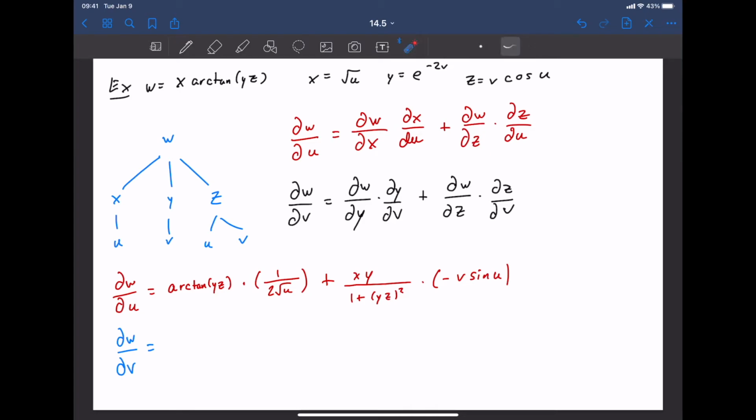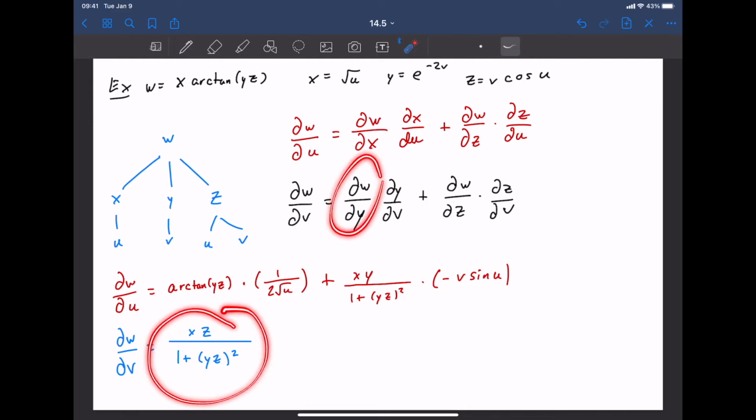The first thing we're doing is dw dy. Looking at this with respect to y, it's going to be very similar to this, meaning we're going to hold on to the x, can go in top, 1 plus the inside squared times the derivative of the inside with respect to y. That's this part.